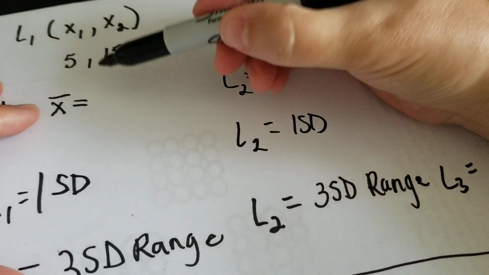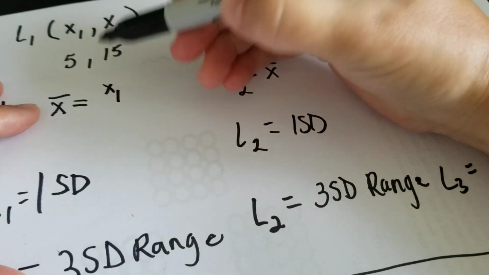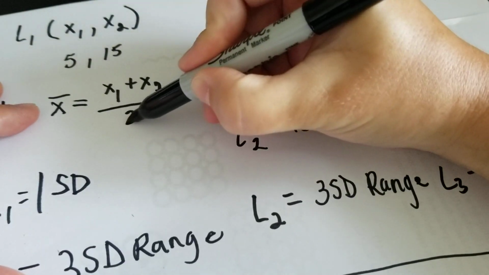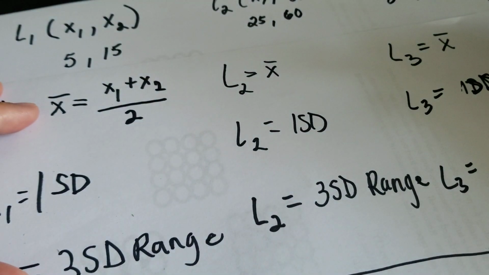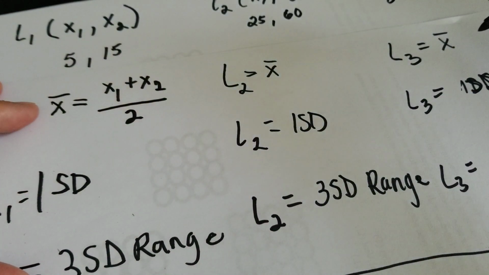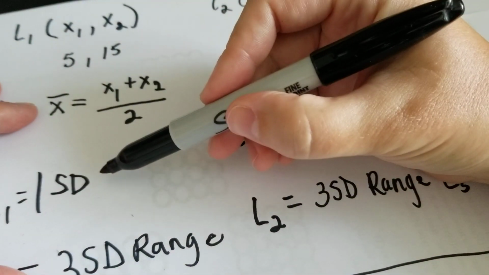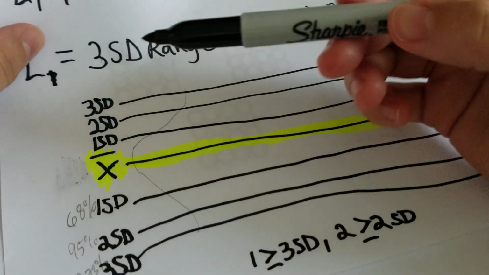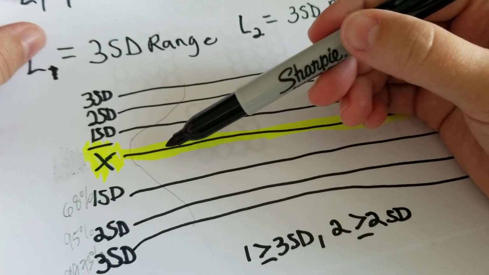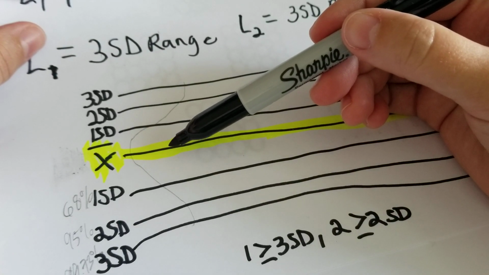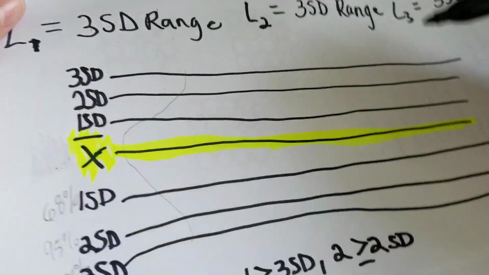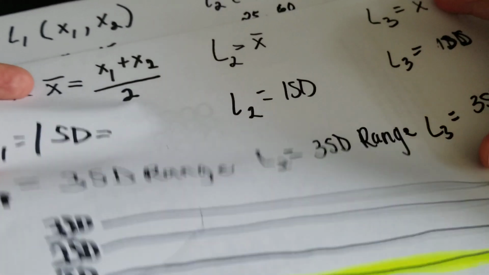Well, we're going to take X1 plus X2, and since there's 2 of them, we're going to divide them by 2, and that would be the average. So that would be the same on all of these. And that would give us what the line is, that perfect line that we want, what value that is for level 1, level 2, and level 3. And again, they're separate. Remember, they're separate.